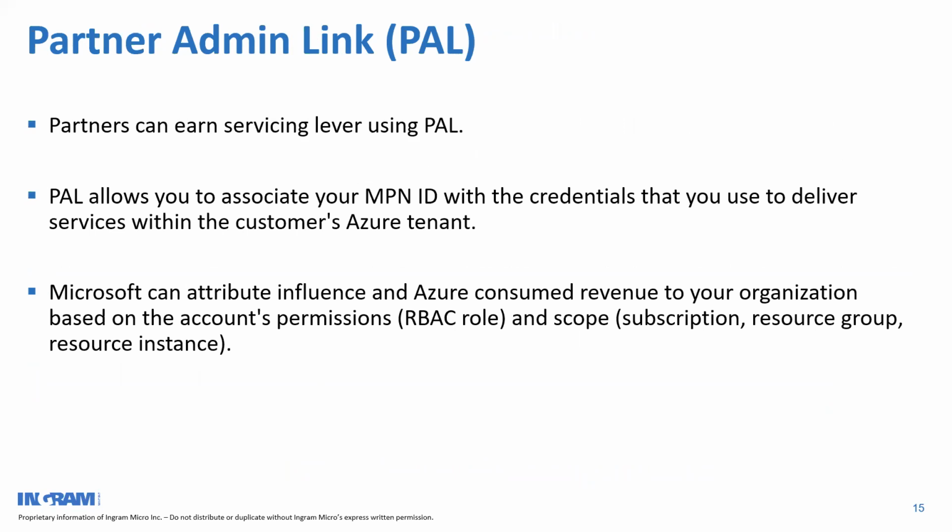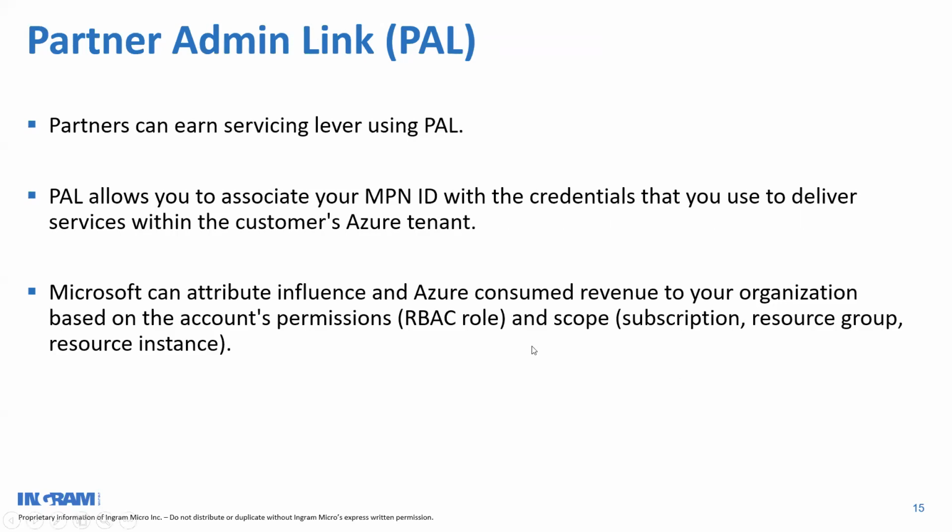Only when you do this, then Microsoft is able to identify that, okay, this is the partner who's able to provide services to my customer, and that is why he's eligible for the 8% servicing level, and that is how they go ahead and provide you that 8% of the ACR.